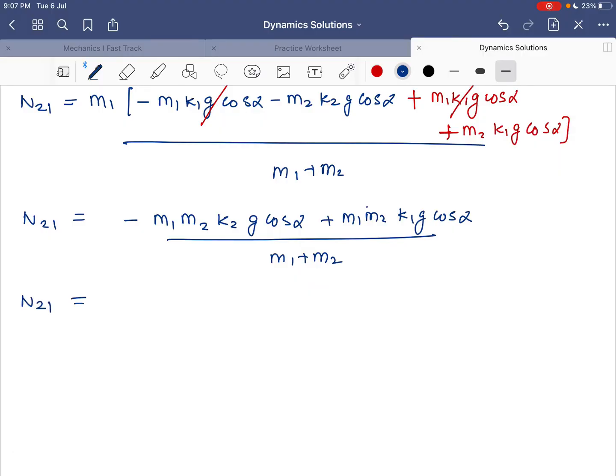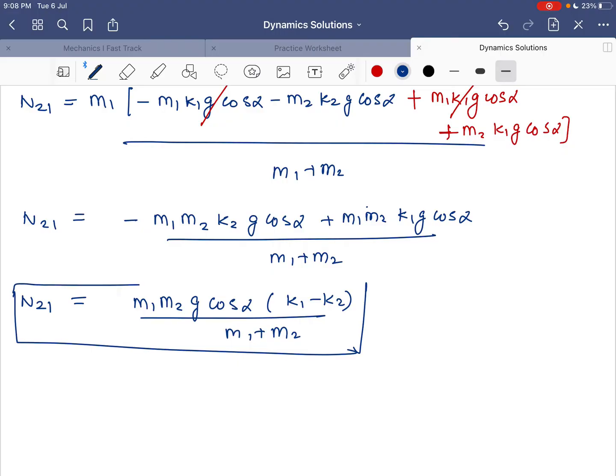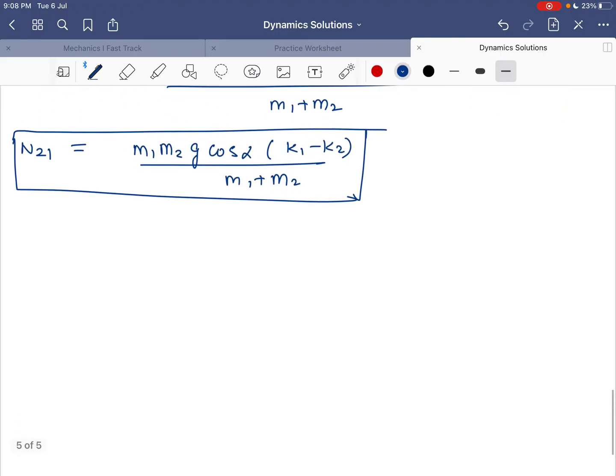So this would be equal to, now as you can see, m1 m2 g cos alpha can be taken as common, and it will be k1 minus k2 remaining in bracket divided by m1 plus m2, and that's the interaction force between the blocks.